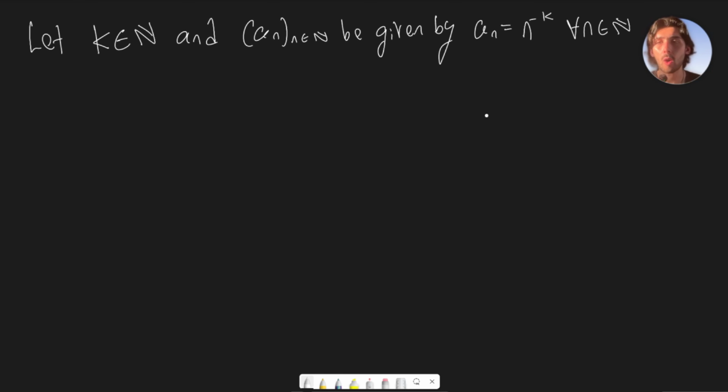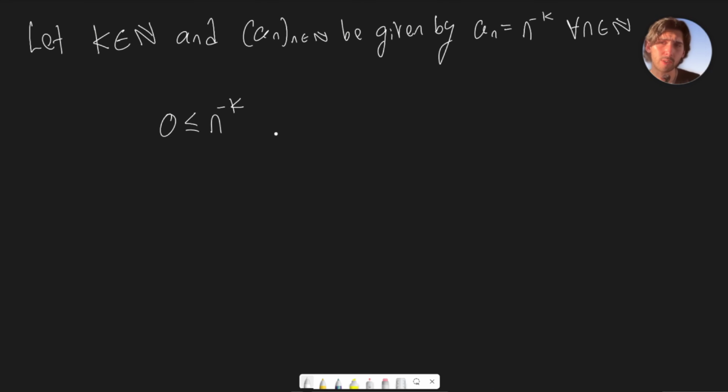So now I can just use that, and as long as I can bound my n to the minus k sequence, if I can sandwich it between two sequences that converge to the same thing, then my n to the minus k will converge to it too. I just need to make one simple observation. Hopefully you guys will agree with me that 0 is less than or equal to n to the minus k for any value of n and for any value of k, both of them being natural numbers.